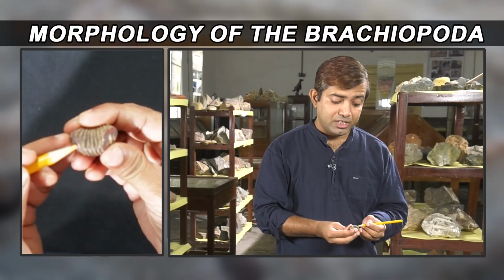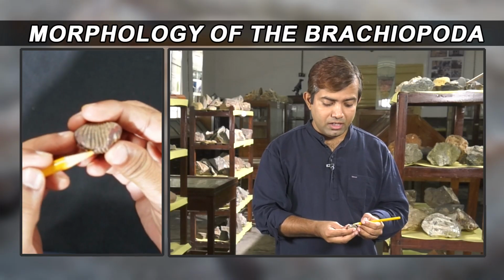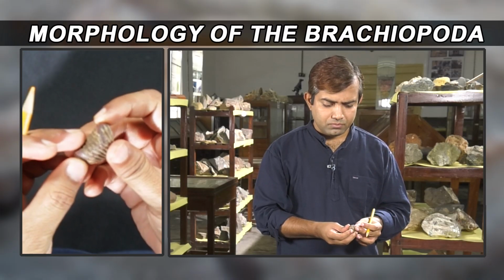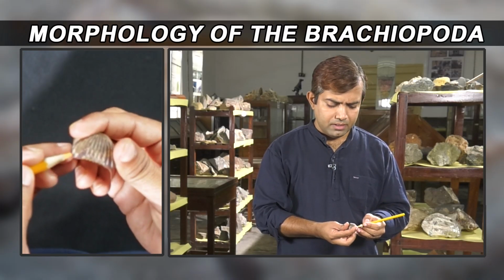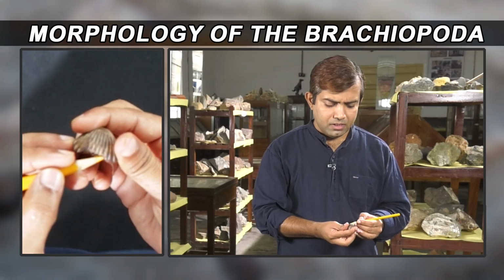So, the line of commissure is zigzag in case of Rhynchonella or Rhynchotrema, you see here. So, the line of commissure can be simple, it can have the sulcus with lobes, and it can even be zigzag.